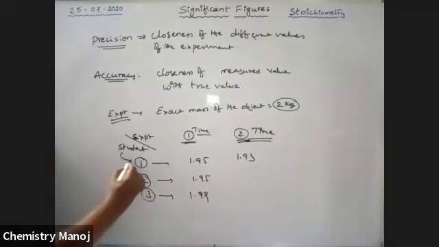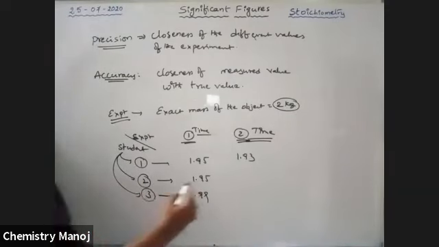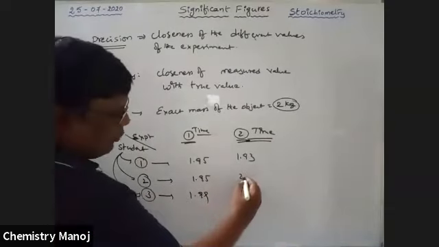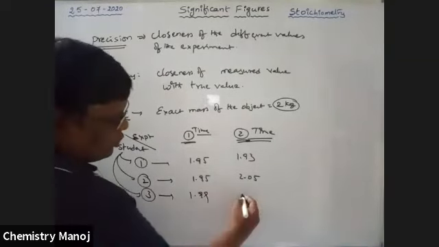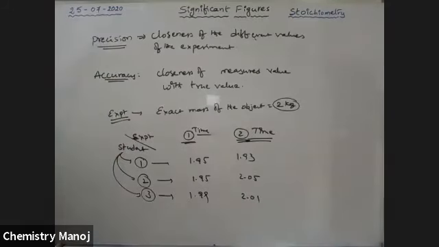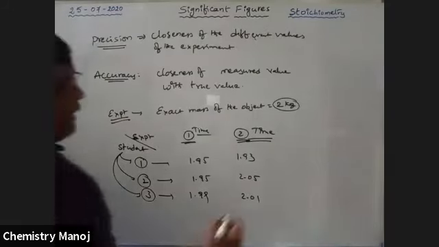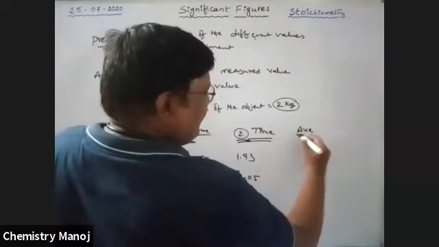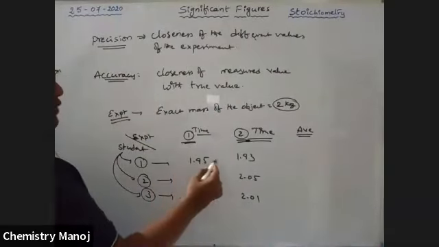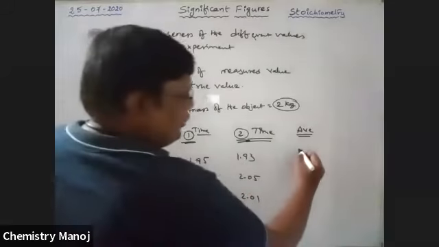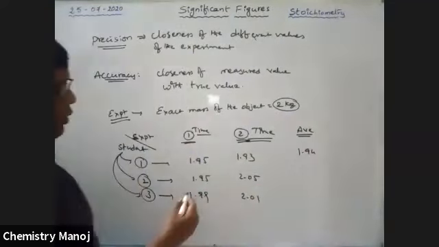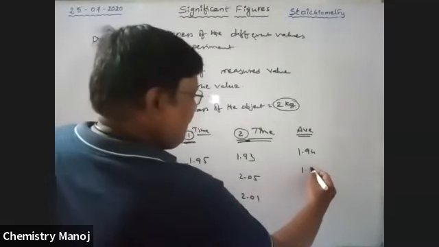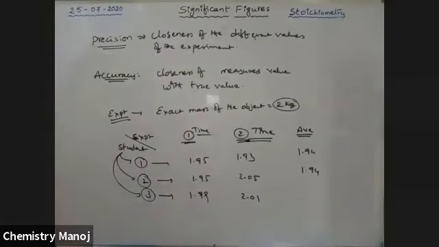Second student 1.95, and 2.05 another time. Third student 1.99, and 2.019. So the average of 1.95 plus 1.93 is 1.94. 1.95 plus 2.05 by 2 is also 1.94.